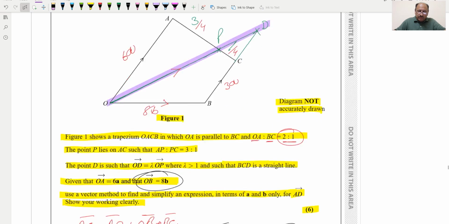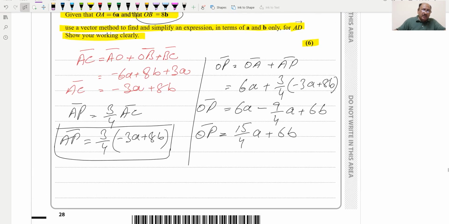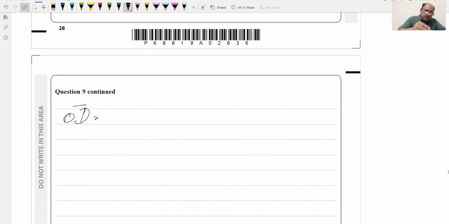OD is equal to lambda OP. So some number which will be multiplied to OP, and we will get this. So lambda OP, we have OP value, so lambda into 15 by 4a plus 6b, this will be our OD value.